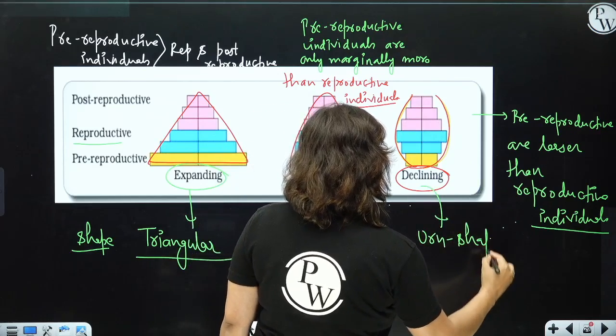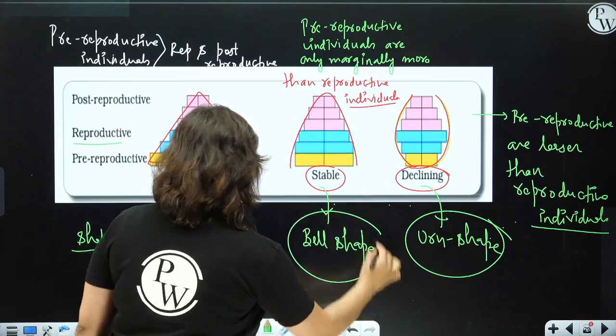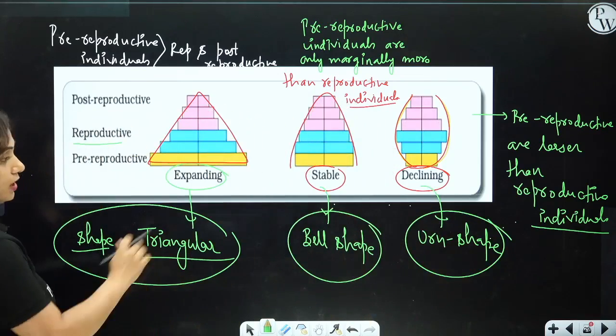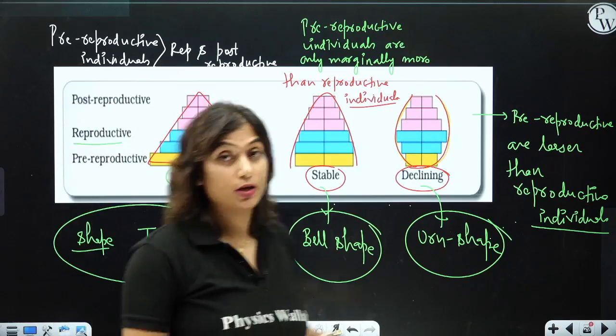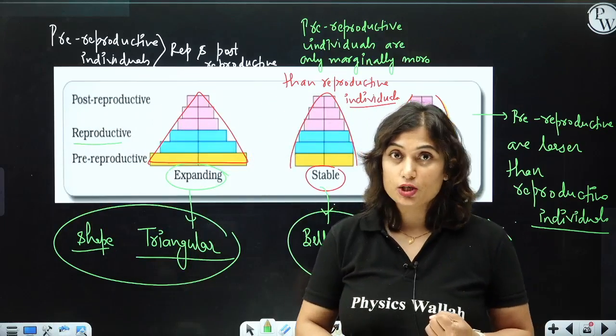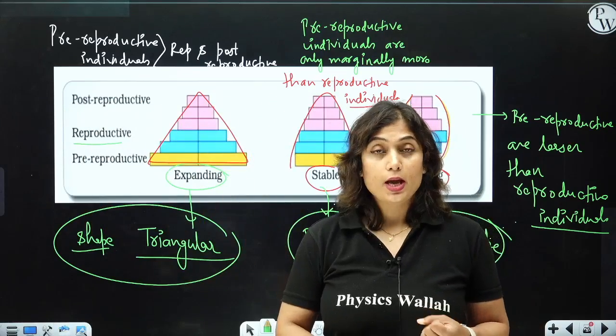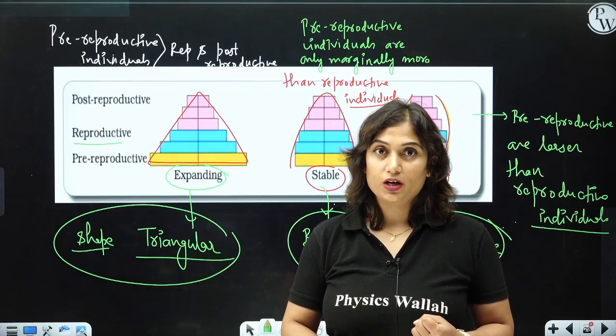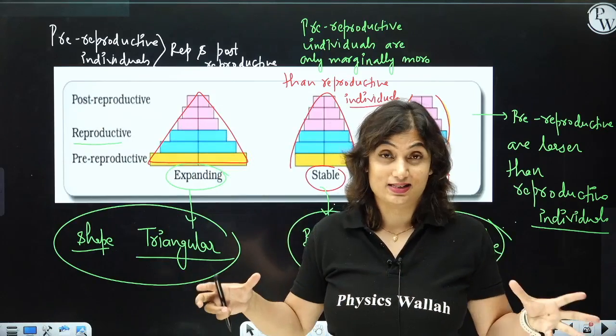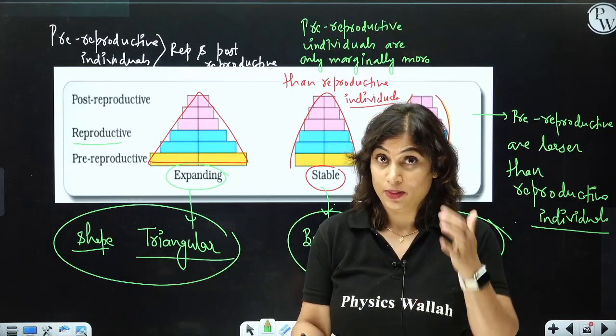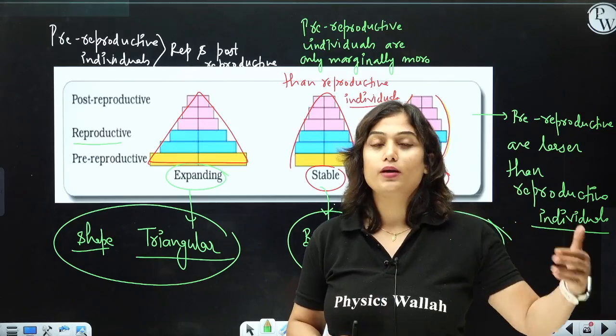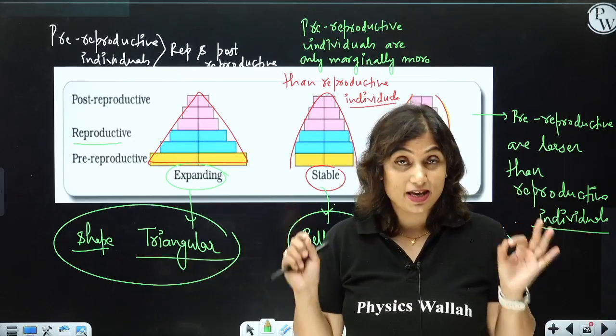So what kind of question can come from this part? This is important. What is an expanding population? An expanding population is one in which the pre-reproductive individuals, the kids, are the greatest, and that population will go on increasing, and the shape is triangular.